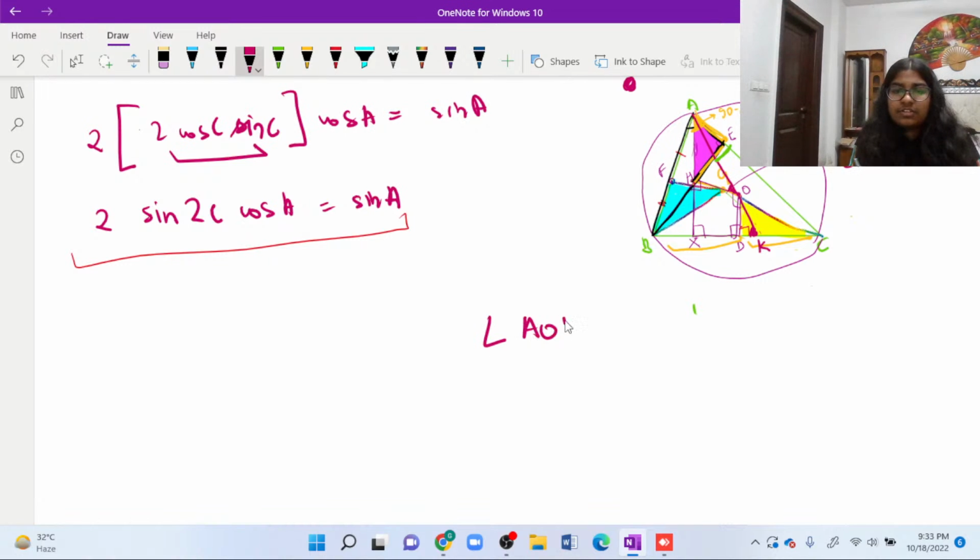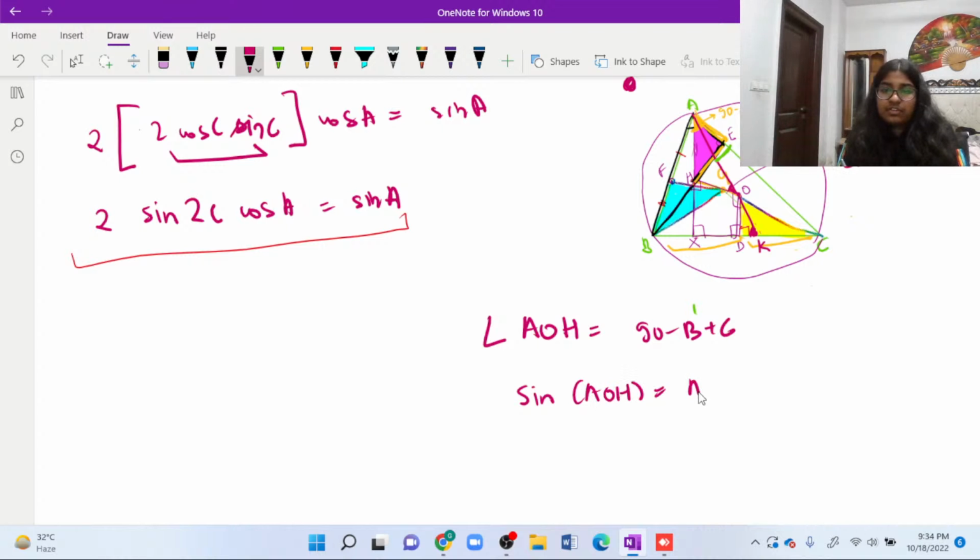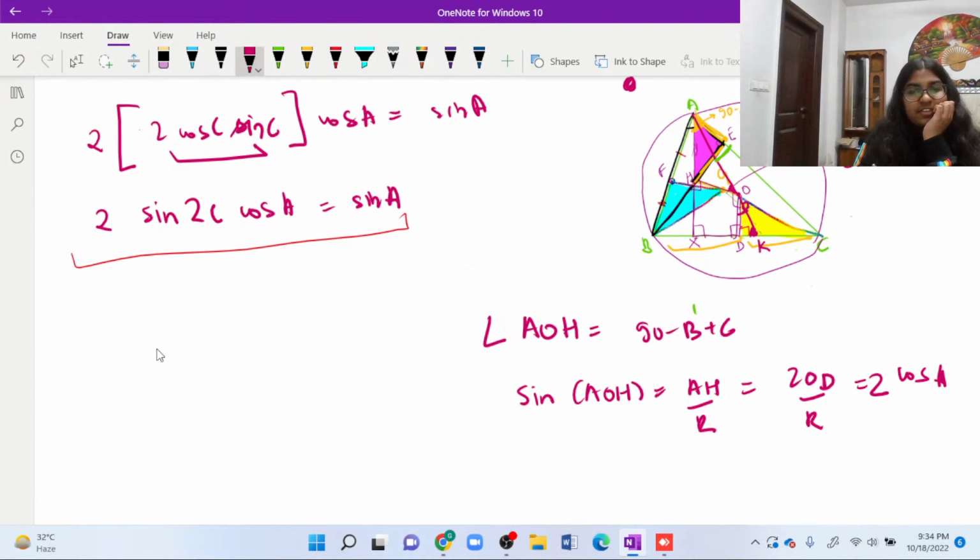Angle AOH equals angle AKB, which is 90 minus (B plus C). Sine of angle AOH equals AH by R, which is 2OD by R, which is cos of this angle, which is cos of A times... Oh, okay, so that's what went wrong.